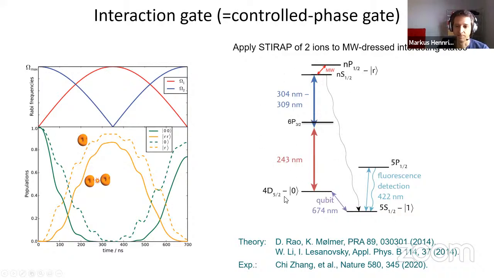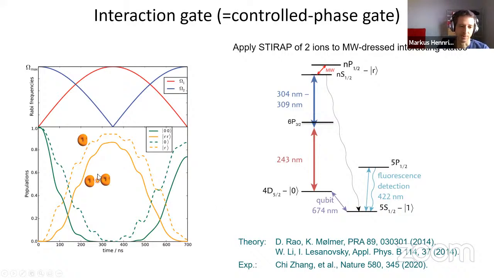We apply the population transfer from the initial state to Rydberg state by this switching on and off. So having first the upper laser on and the lower laser off, and then switching on the lower laser and switching off the upper laser. Then the population is transferred from the initial state to Rydberg state, and if we reverse the process, it will be transferred back to the zero state.